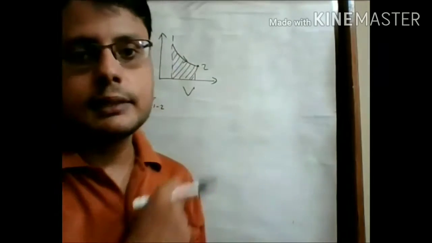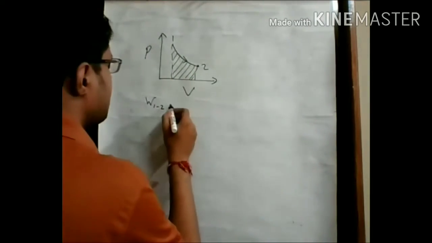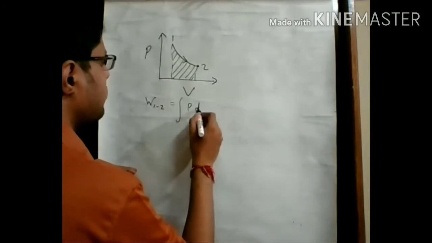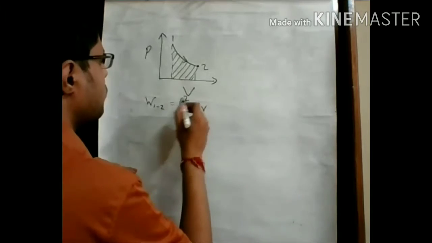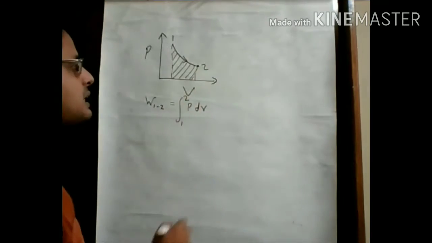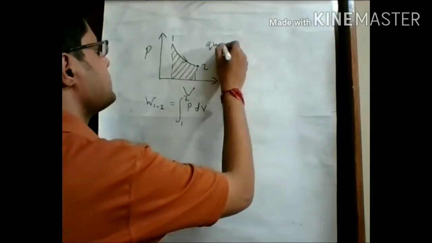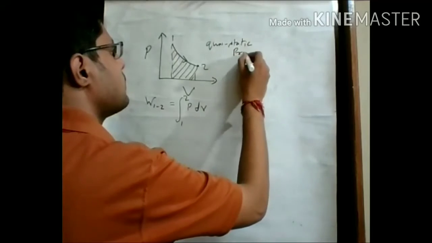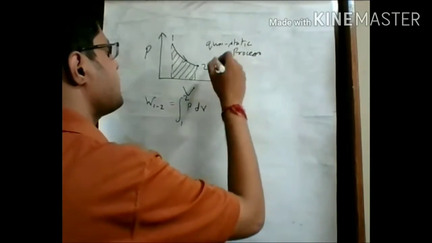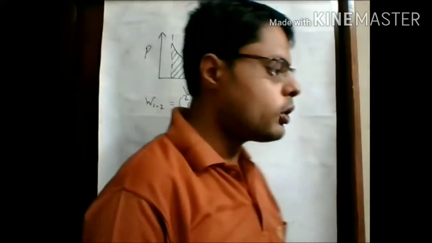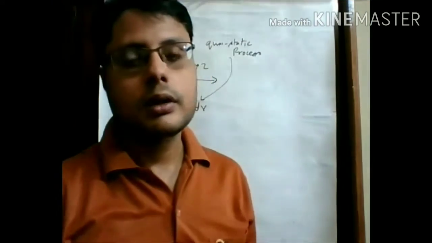We already discussed this point in a previous lecture. So we simply calculate the integral of PdV from 1 to 2. The necessary condition is that this process must be a quasi-static process. Only in this condition can we use the expression integral of PdV for calculating work transfer.